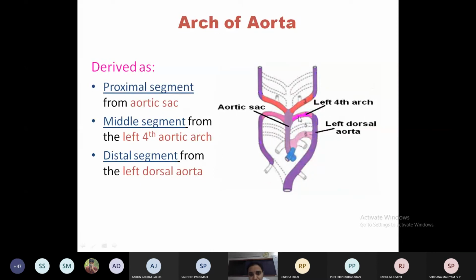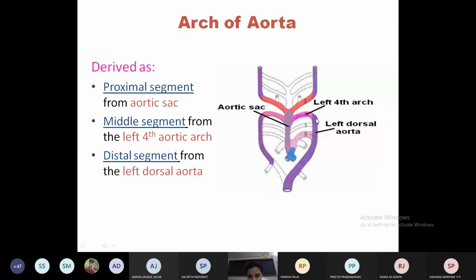Arch of aorta is formed by the proximal part, which is formed by the aortic sac. Aortic sac is where the two horns of the truncus arteriosus get attached. The middle segment is formed by the left fourth aortic arch.